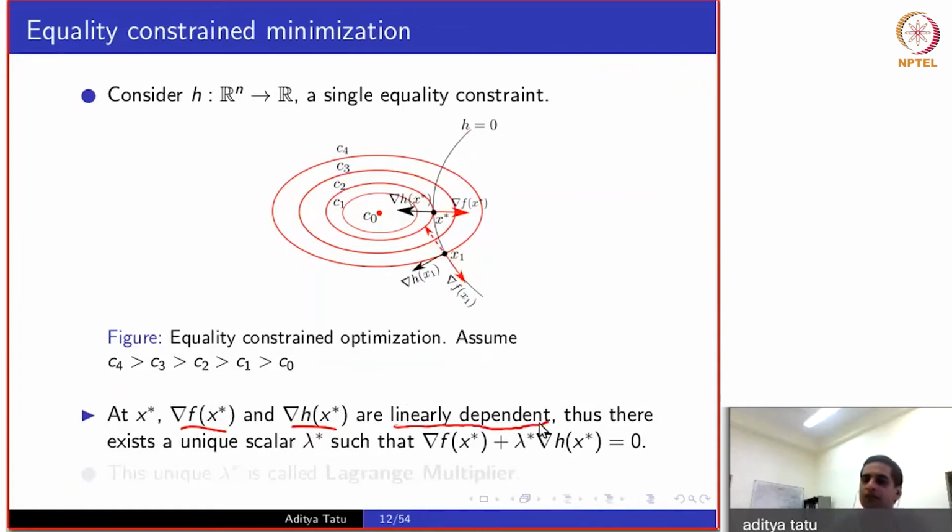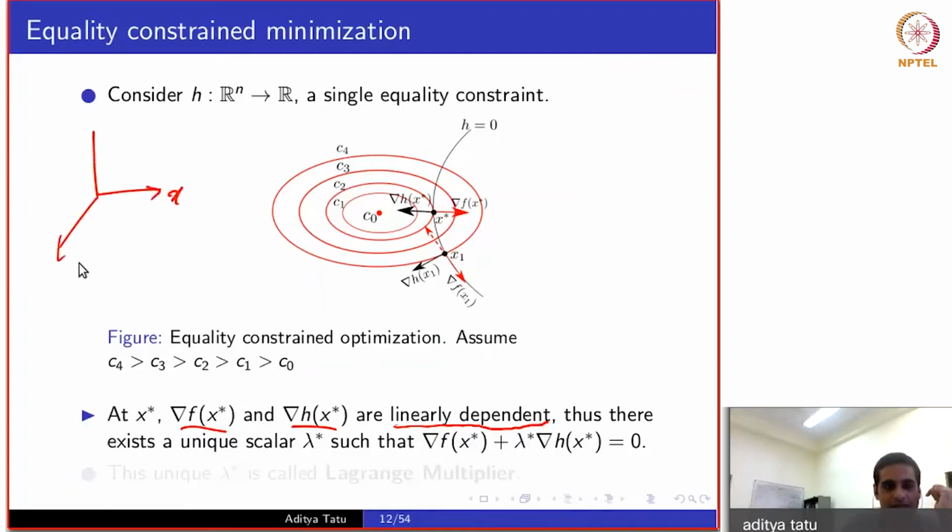Sir, so basically what we're doing is, for a single value of the cost function, we're looking at multiple values in the level surface of the function f, and we are trying to find the minimum value of f? Exactly.